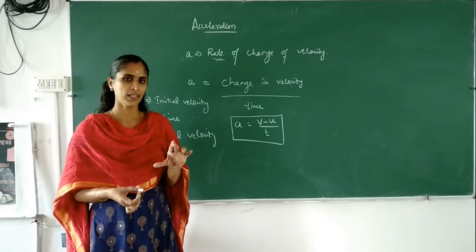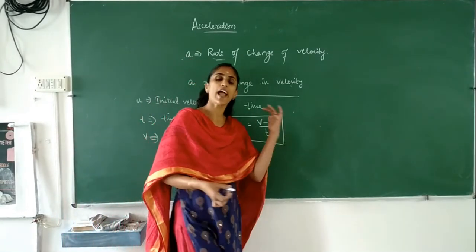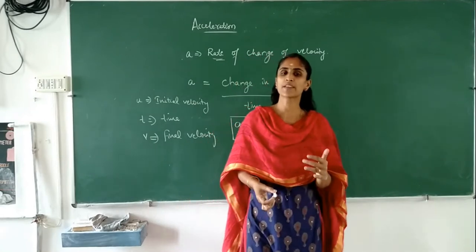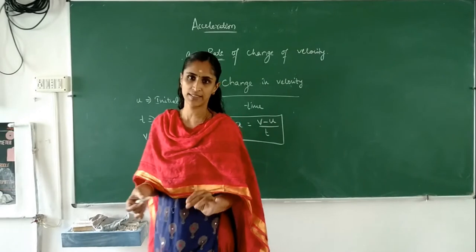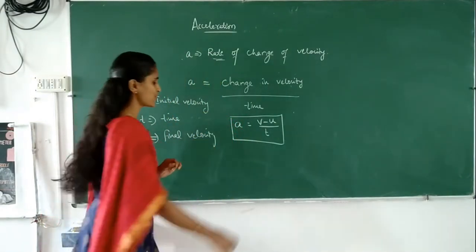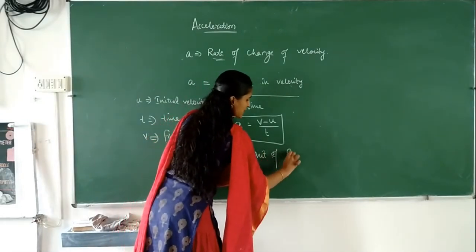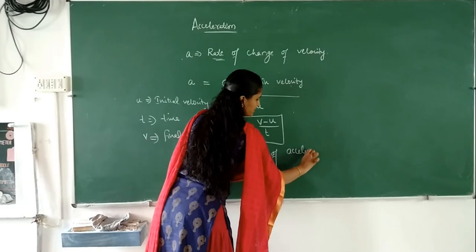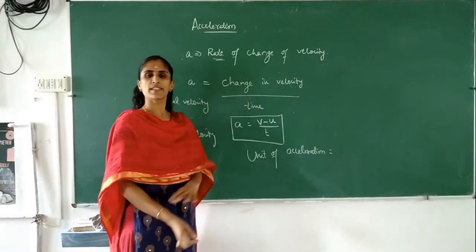Is it clear? So here in these problems, whenever it is asked to find the acceleration, you have to convert those velocities into SI units and time in seconds. Okay? Then what is the unit of acceleration? What is the unit of velocity?